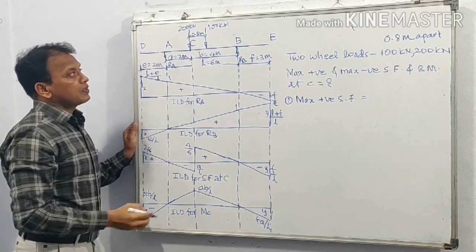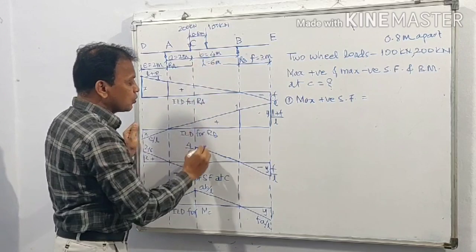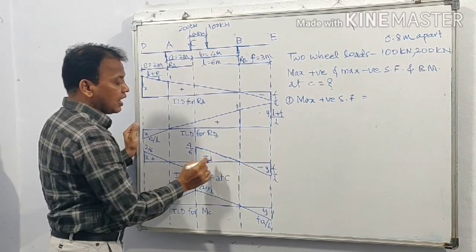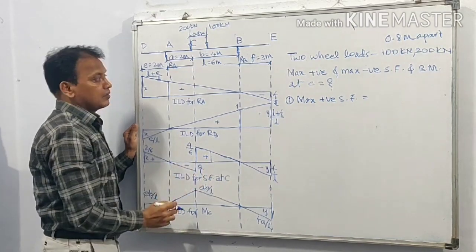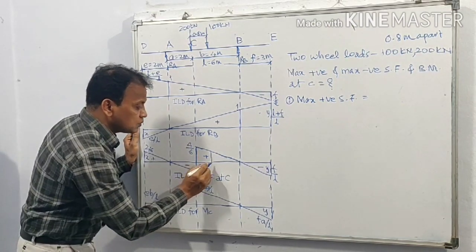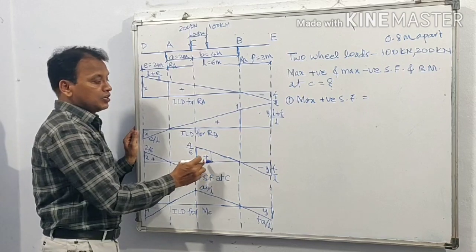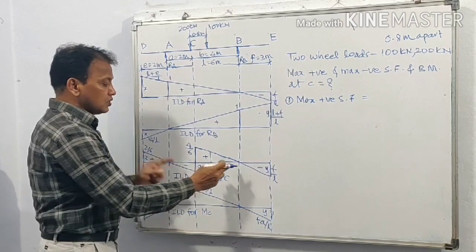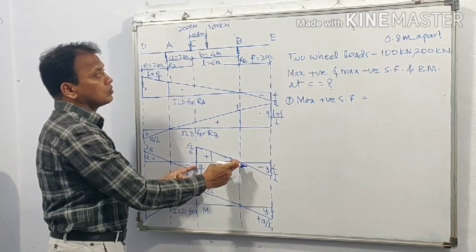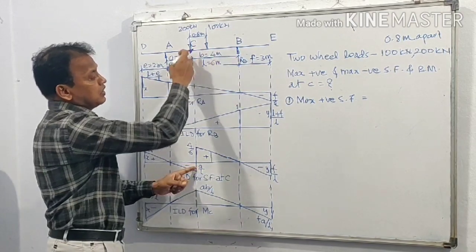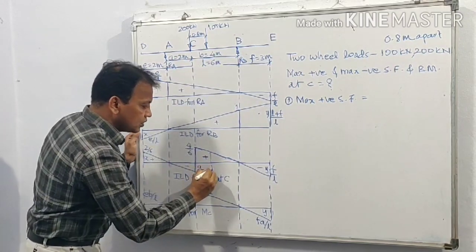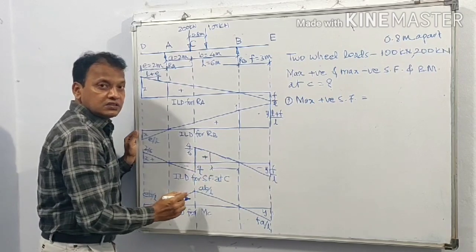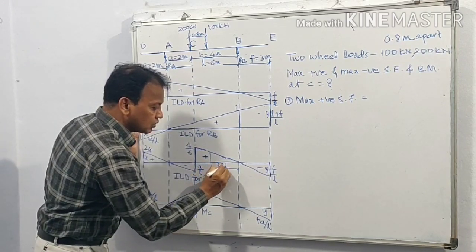This point is D. So this is the critical position, and we can find this ordinate at distance 0.8 meter. So this distance is 0.8 meter. Let us find ordinate at 0.8 meter on right hand side of C. So this distance is equal to 4 meter B to C, and this distance is 4 minus 0.8, that is 3.2 meter.